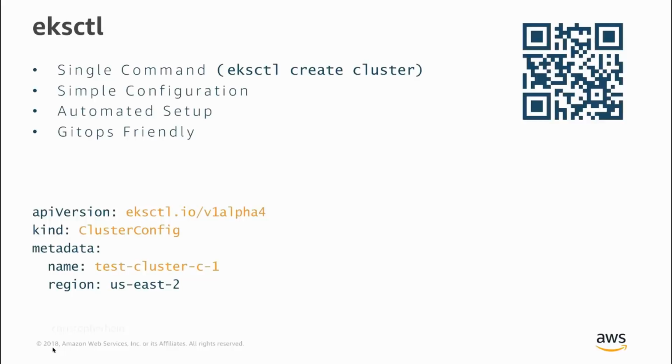Another way of provisioning clusters is to use EKS CTL. EKS CTL provides a single command to create, update, or delete an EKS cluster. As I said before, this was built in partnership with Weaveworks, and it features a very simple configuration file, which is highly customizable.